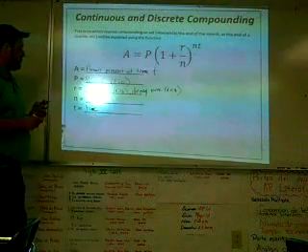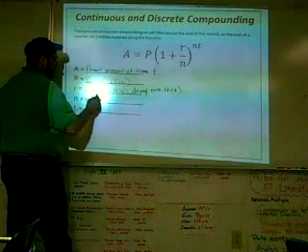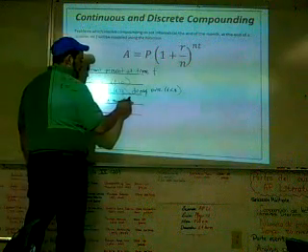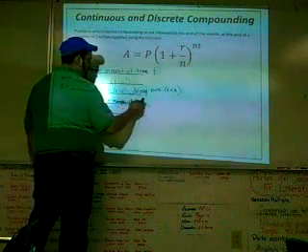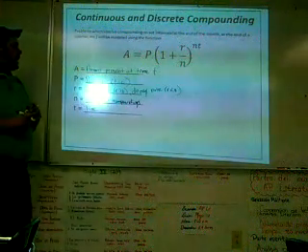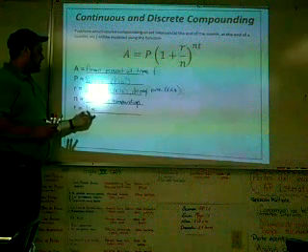The new piece for us is this N. N is the number of compoundings that are going to happen. Say that we're measuring time in years.